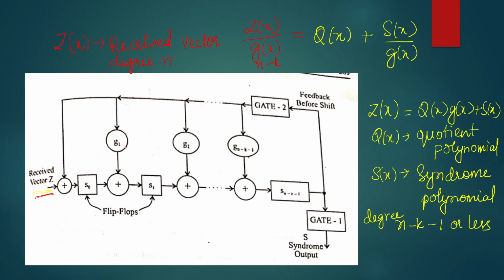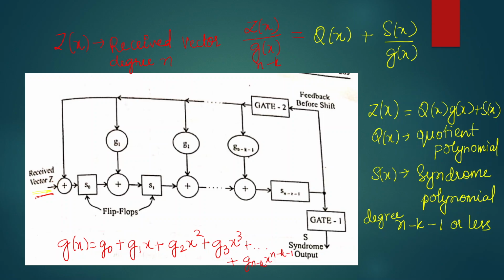That means, let us suppose if g1 is equal to 1, so we always write the generator polynomial in the form of g0, and usually g0 will always have a value equal to 1. Keep that in mind. And g1 into x, g2 into x square, g3 into x cube, and so on, up to g of n minus k x raised to n minus k.